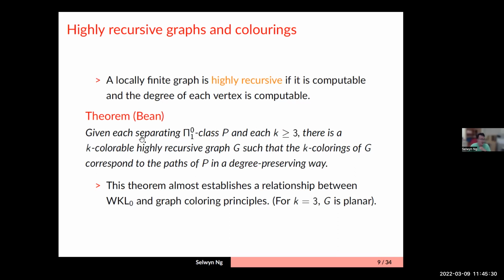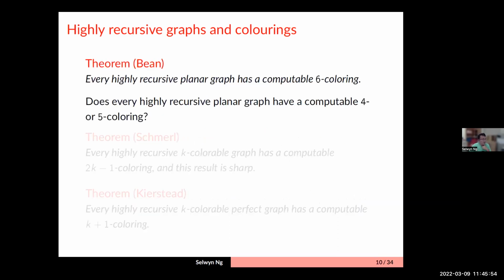He needed to use separating classes because his aim was to have a one-to-one correspondence between the degrees of P and the colorings of G, rather than just encoding it into G. But this is going to be related to what we're going to be talking about next.